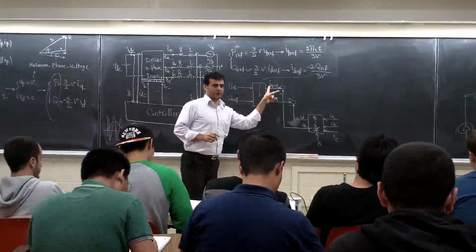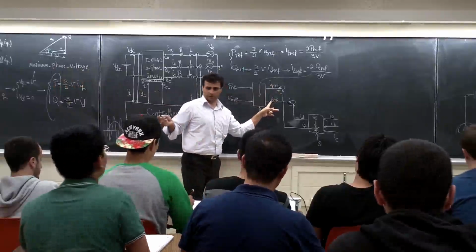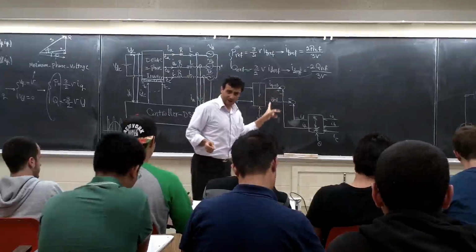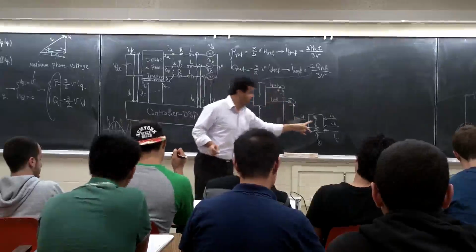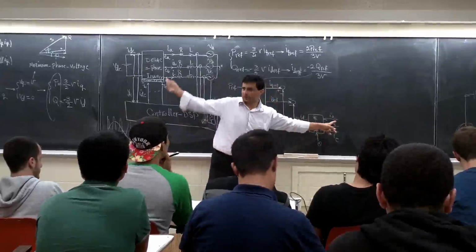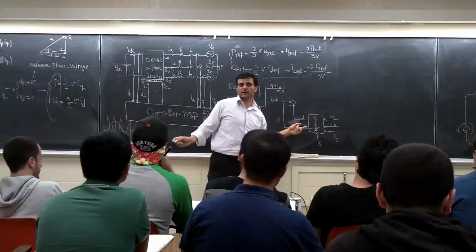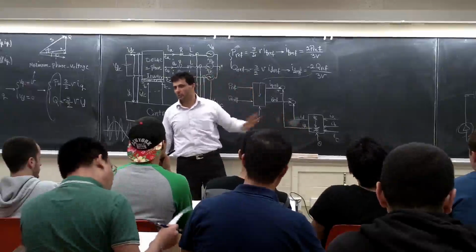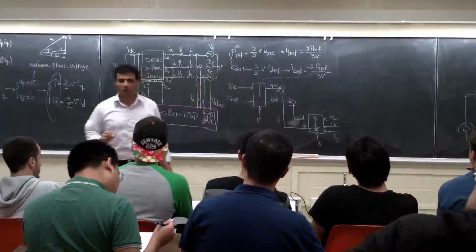I want to have 10 amps. As I said, for the unity power factor I want 0 amps, right? These are the desired values. These are the actual values. How did I calculate them? I measured my current in my circuit, converted them to DQ, and now I know how much my DQ is. See, I'm not putting the O there, because if the system is balanced, O is going to be 0.